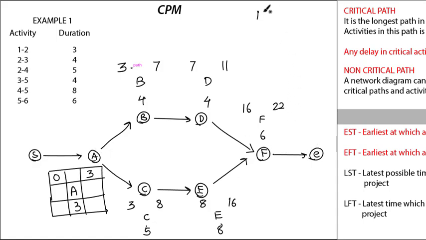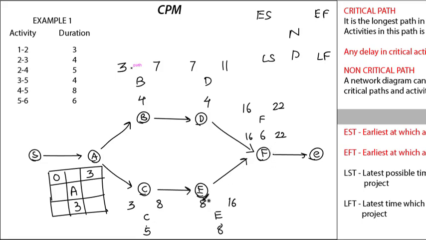So we saw something like this: early start, early finish, name, duration, late start, latest finish. The latest finish time of this will be when F is completed, so logically 22, right? So the latest start is LF minus D, 22 minus 6, that is 16.